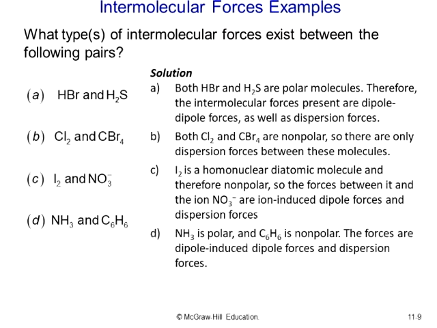So, the forces between it and the ion are ion-induced dipole forces. In other words, it's clear that NO3 is an ion. We see that because it has a negative charge. And we know that I2 is nonpolar. Therefore, we expect the ion to induce a dipole in the nonpolar molecule. Okay?